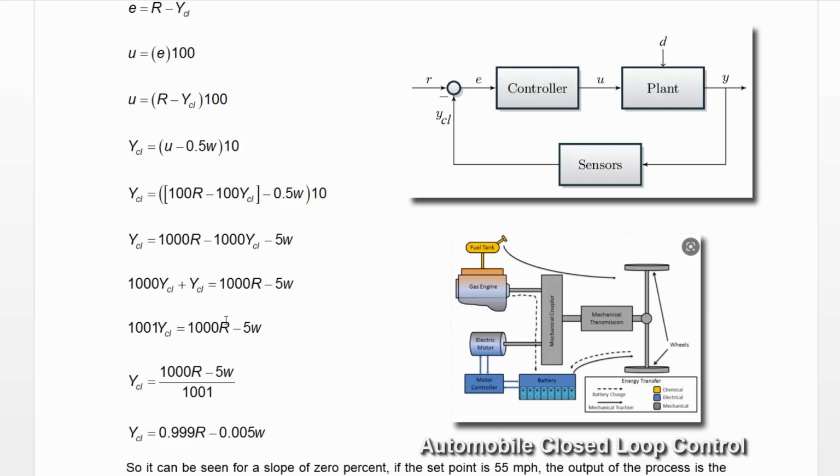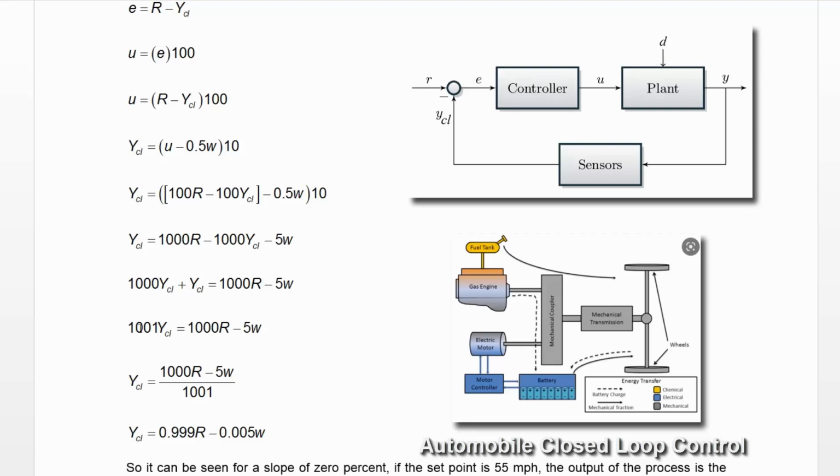So we can add this up and have a YCL here. What we can do is we put this in parentheses. I should have showed this step and I didn't show it. We put this in parentheses, okay? And from here, we can take a YCL out, and it becomes YCL times 1,000 plus 1.